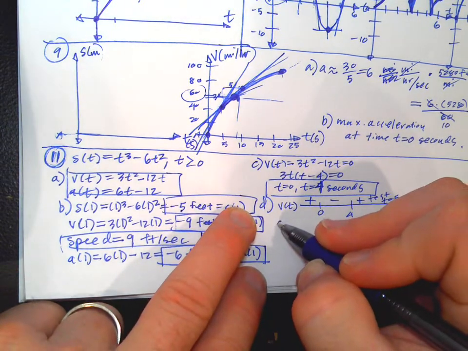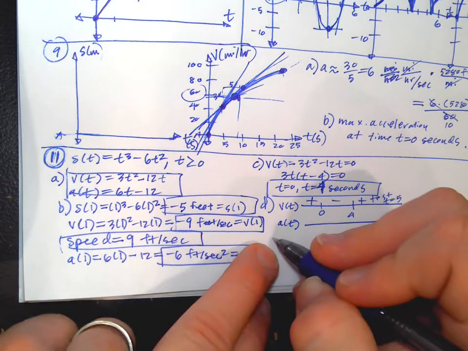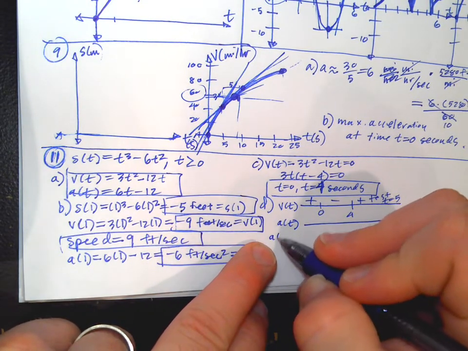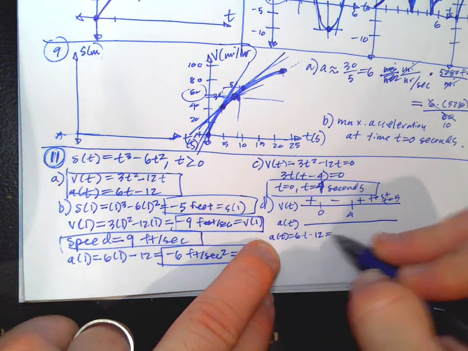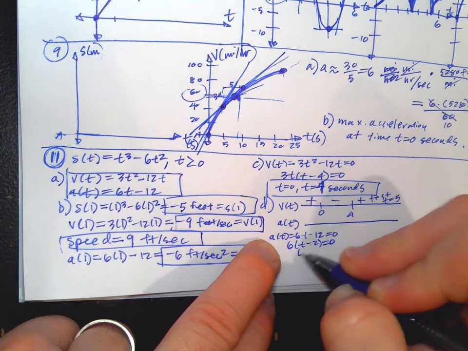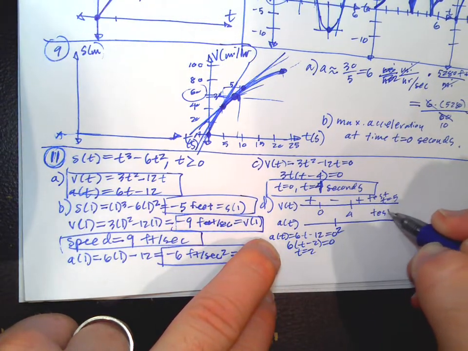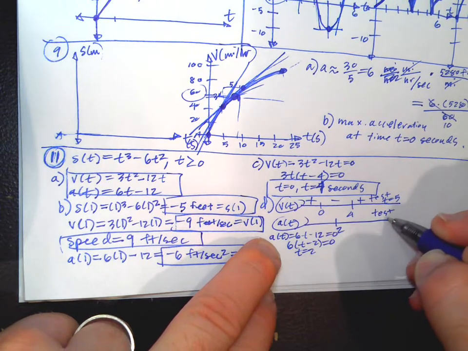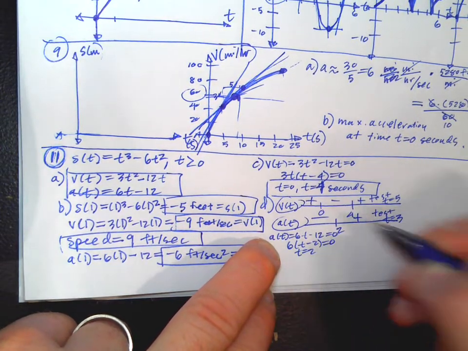Then we do acceleration right below it, trying to line it up. Now we have to find when acceleration equals 0, so factor it. 2 should be right here. Then we test a different value. Make sure you label your line checks. T equals 3: negative, positive.